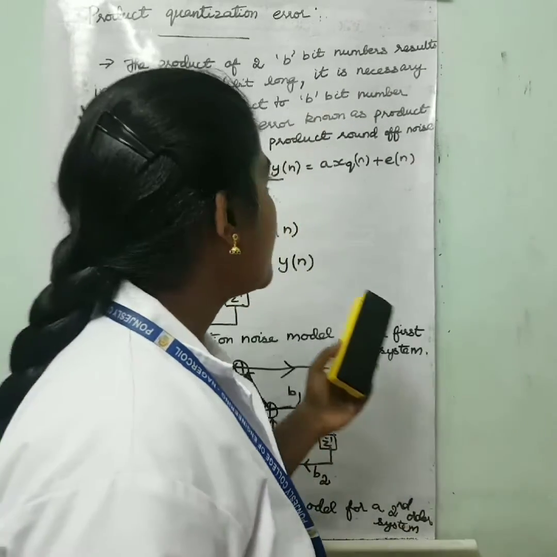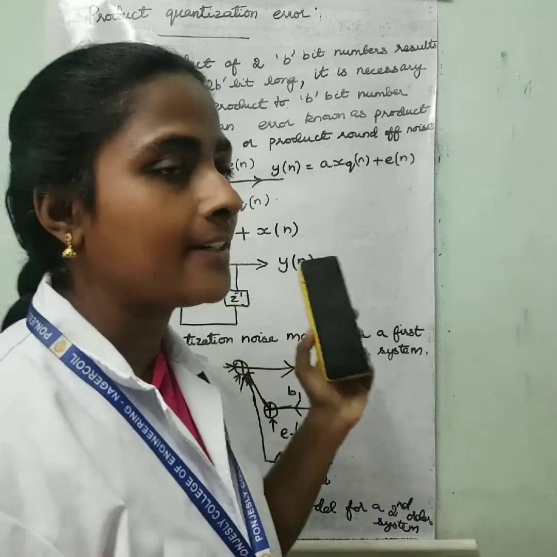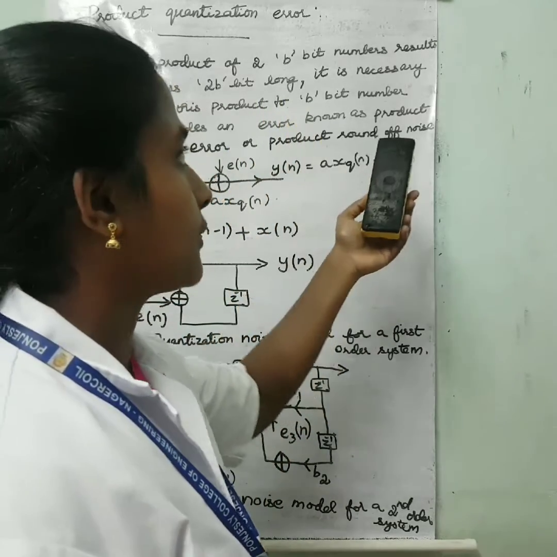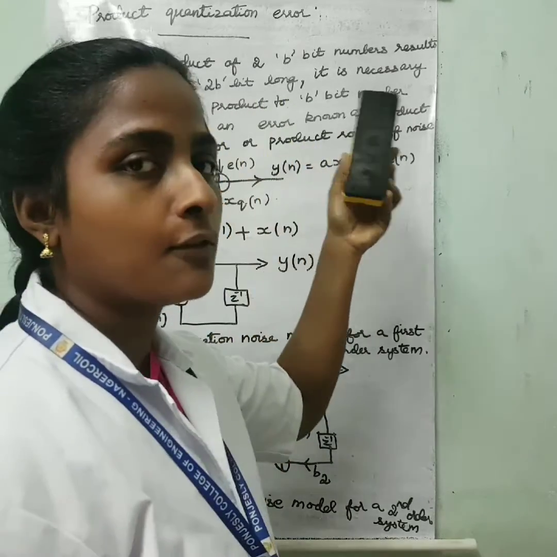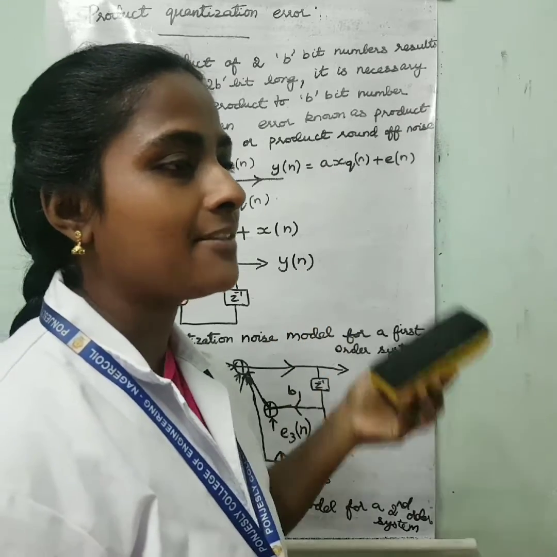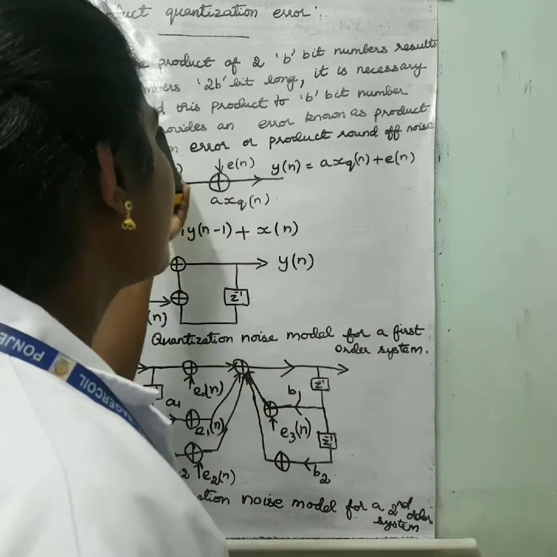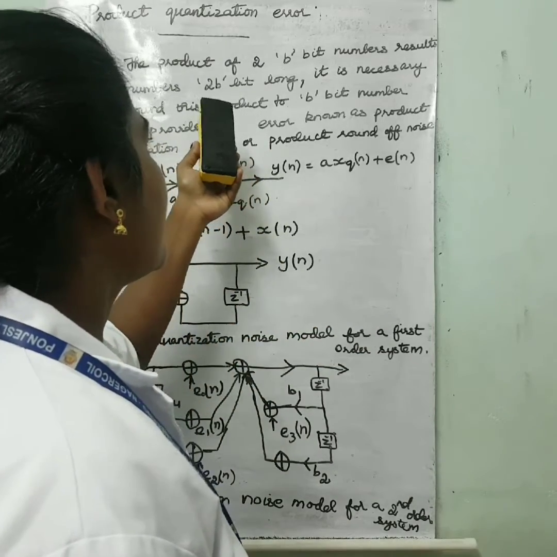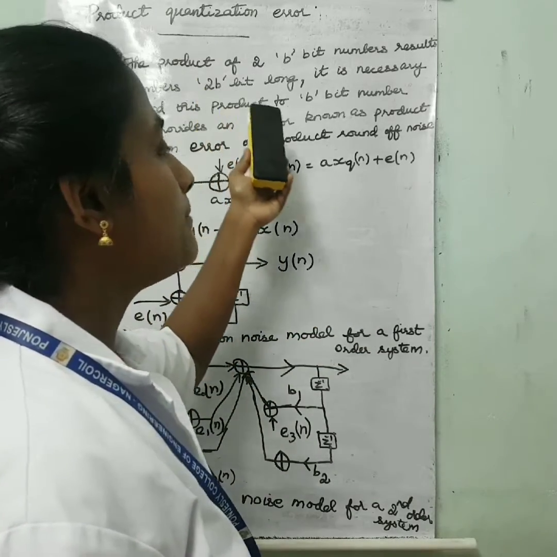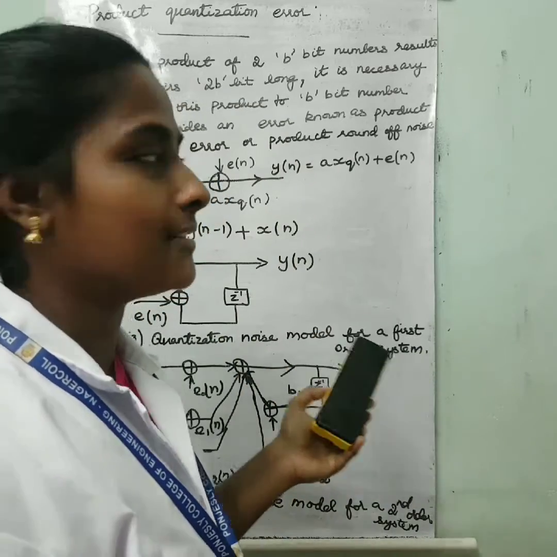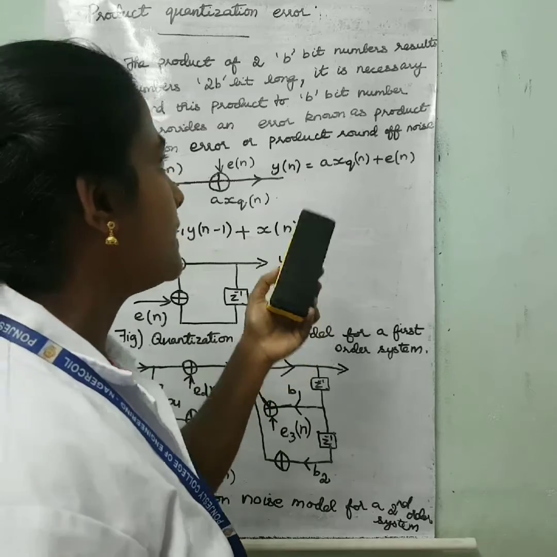Today I am going to teach about product quantization error. In product quantization error, we have the product of two b-bit numbers. When two b-bit numbers are multiplied, the result is 2b-bit long.